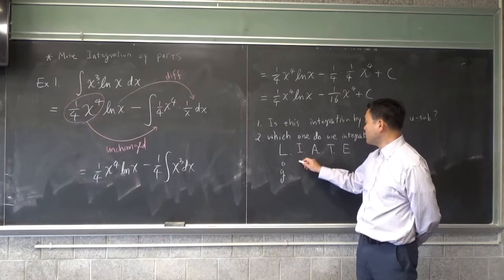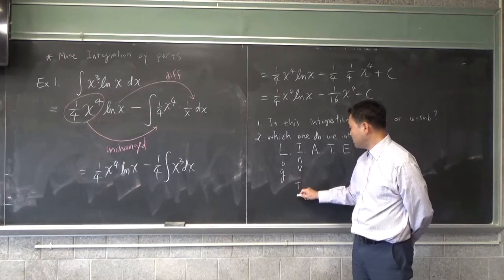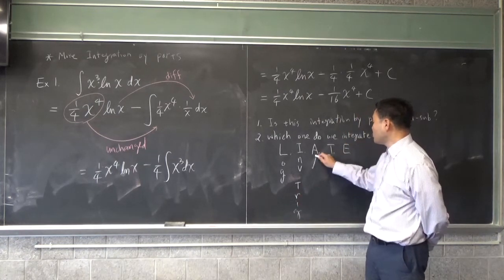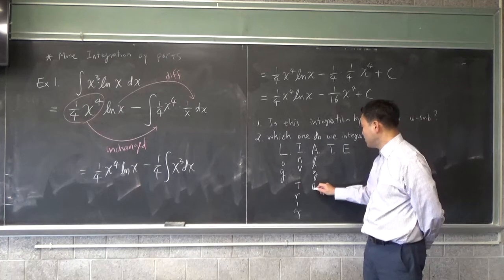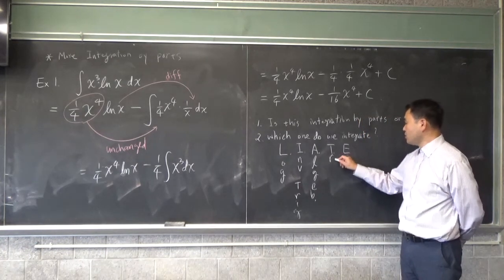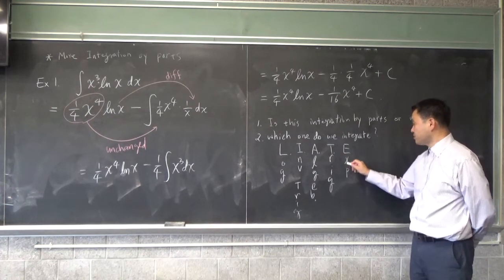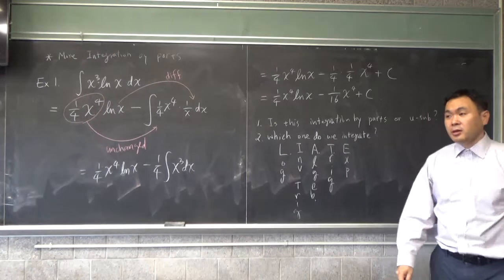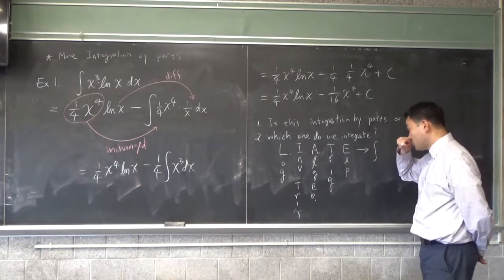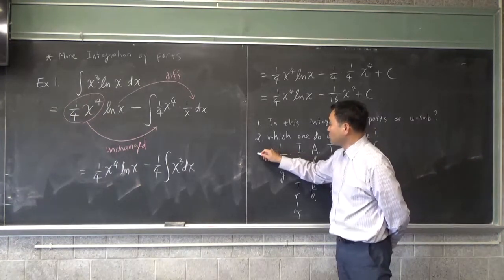I means inverse trigs. A means algebraic. T means trigs. E means exponential. And whatever falls on the right side is the one that you integrate. On the left side, you do the derivative.